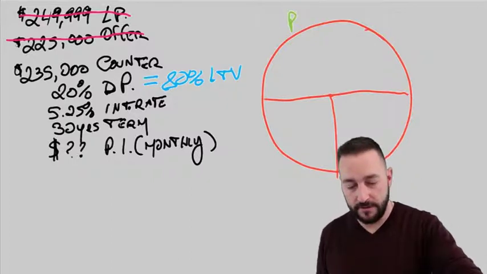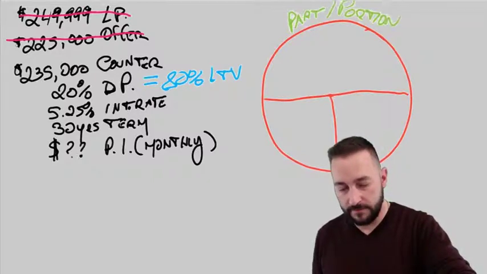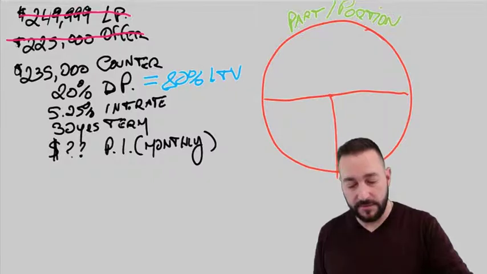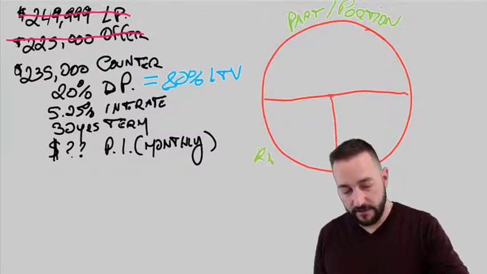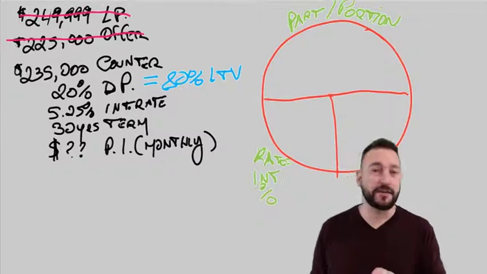On top, we have a part or portion. Part or portion. That's what goes on top, always. In the bottom left, we have rate. Sorry, we have interest, and we have percentages. These are the numbers that go at the bottom left.